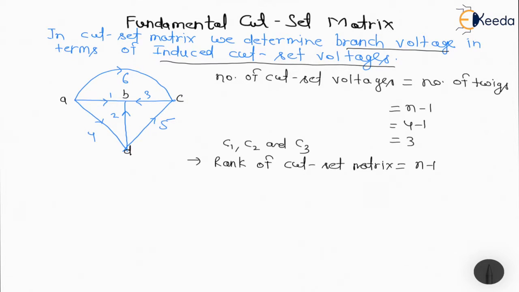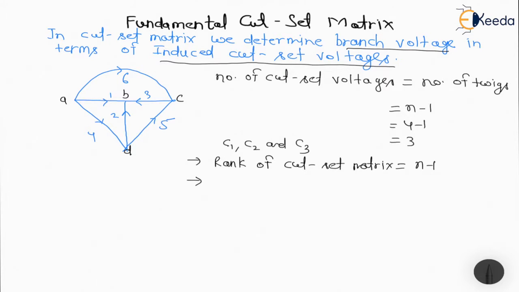Here the rank of the cut set matrix will be equal to the number of twigs available, that is n minus 1.